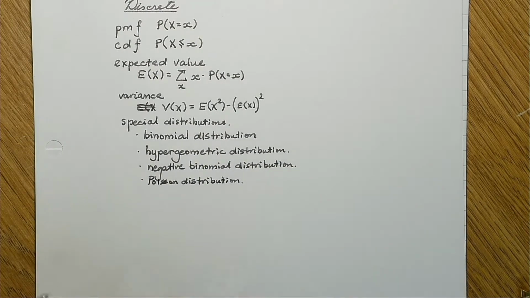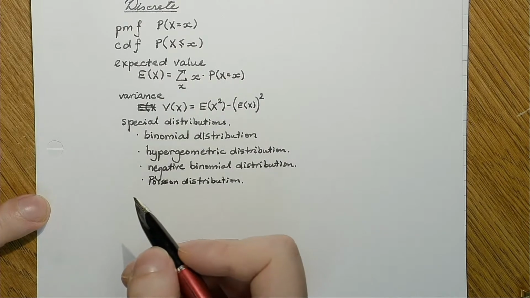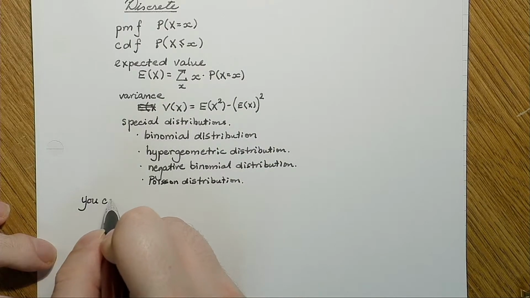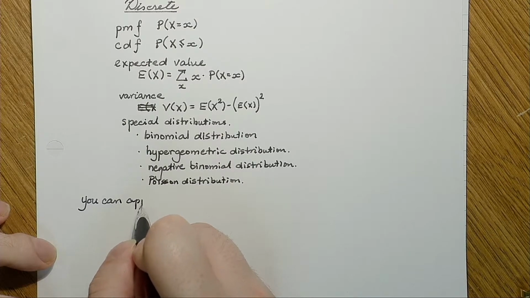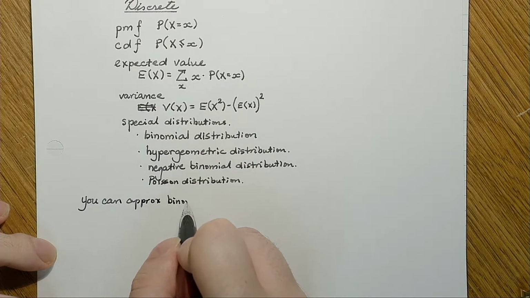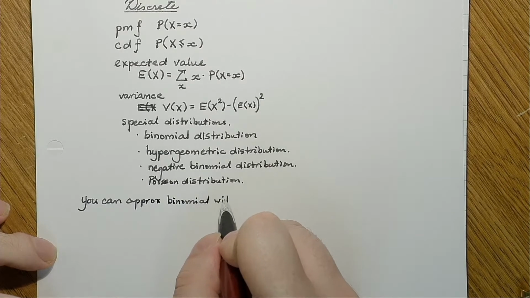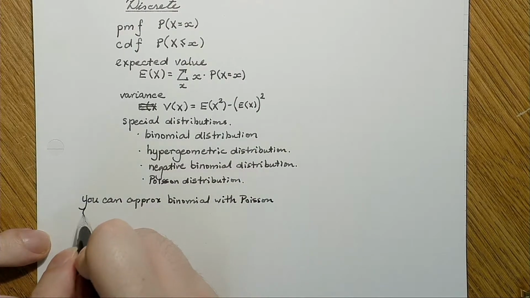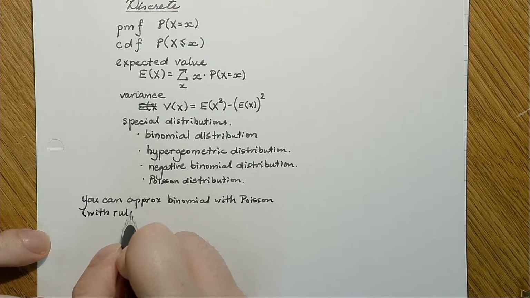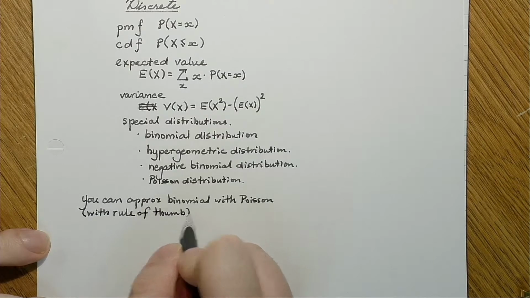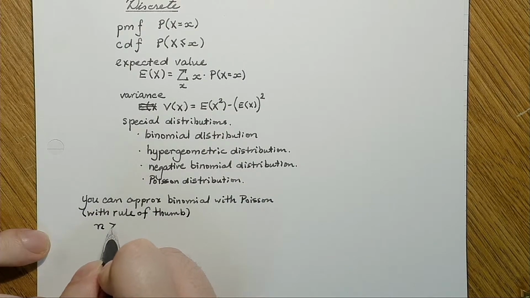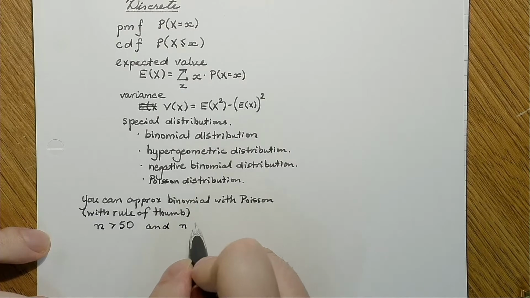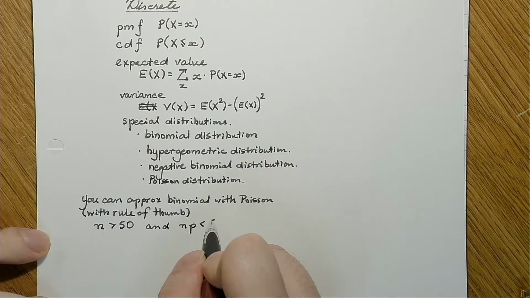One thing I should mention is that when we did the approximation, you can approximate the binomial distribution with the Poisson using a rule of thumb: the number of trials is greater than 50, and the number of trials multiplied by the probability is less than 5.